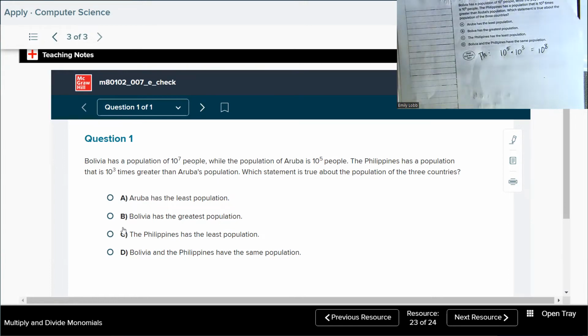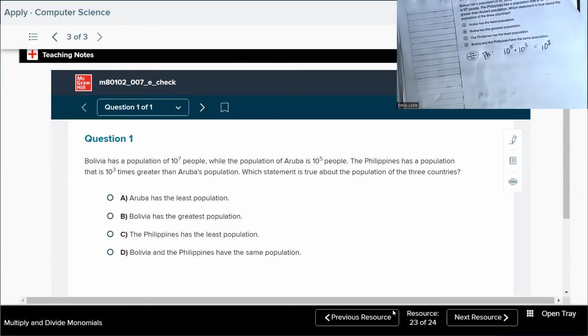No. Does Bolivia and the Philippines have the same population? No. So it had to be A. Aruba has the least population. We probably could have conjectured that without even solving the problem though, because Aruba was less than Bolivia and the Philippines was 3 times the amount of Aruba, so we knew they were less than the Philippines too. So that was a really silly question to give us, in my opinion.